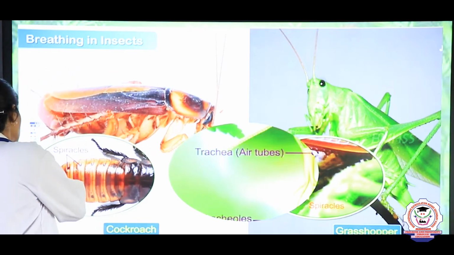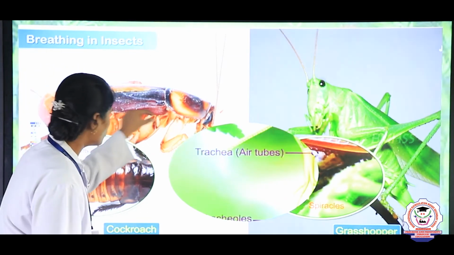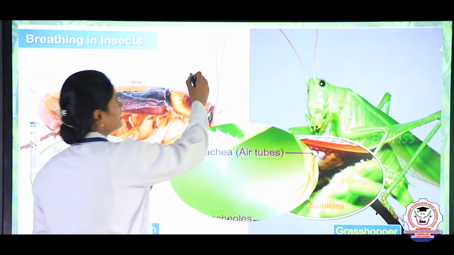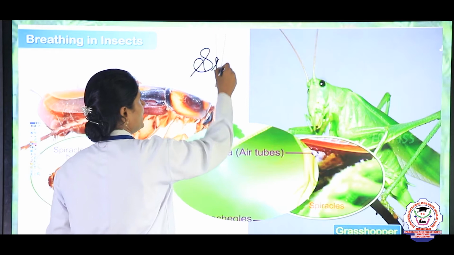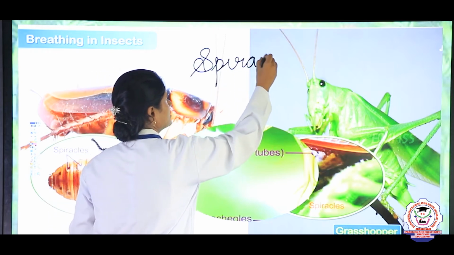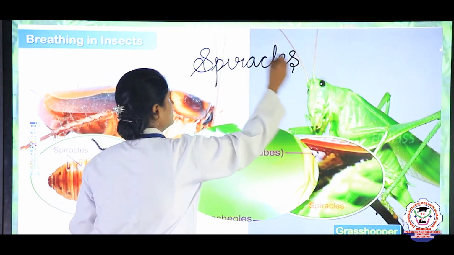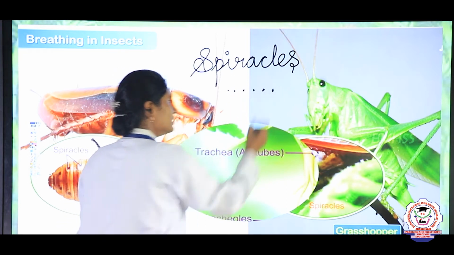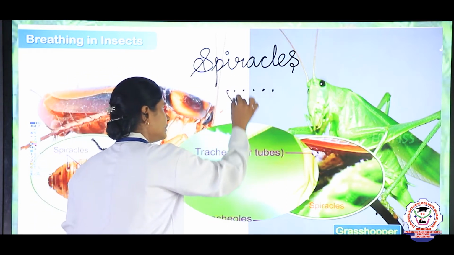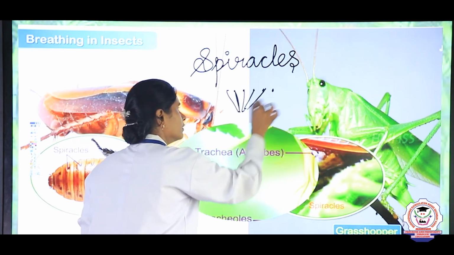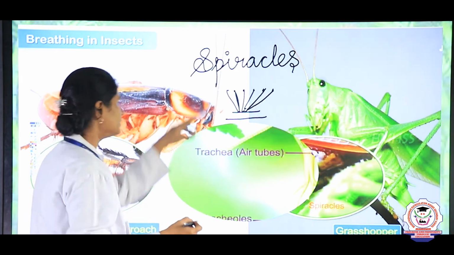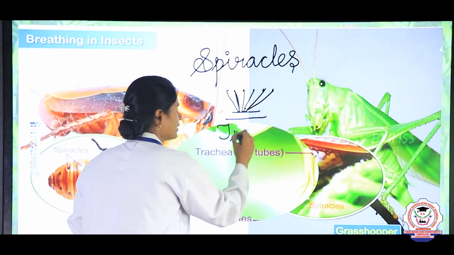The cockroach has tiny air holes on the side of its body. Those tiny air holes are called spiracles, S-P-I-R-A-C-L-E. These tiny holes are connected to an air tube, and that air tube is called trachea.